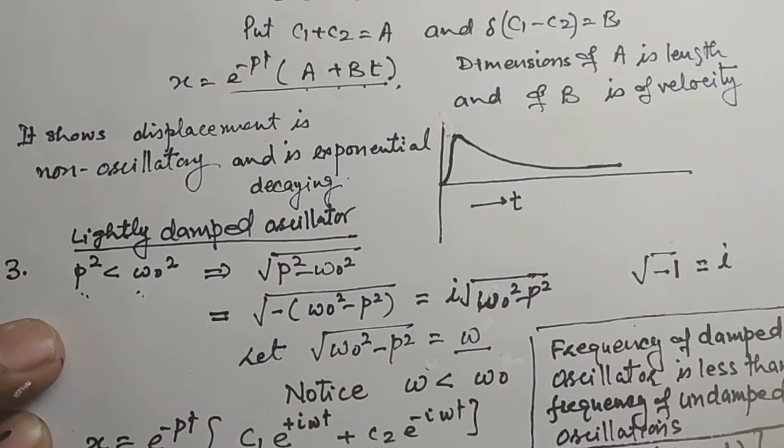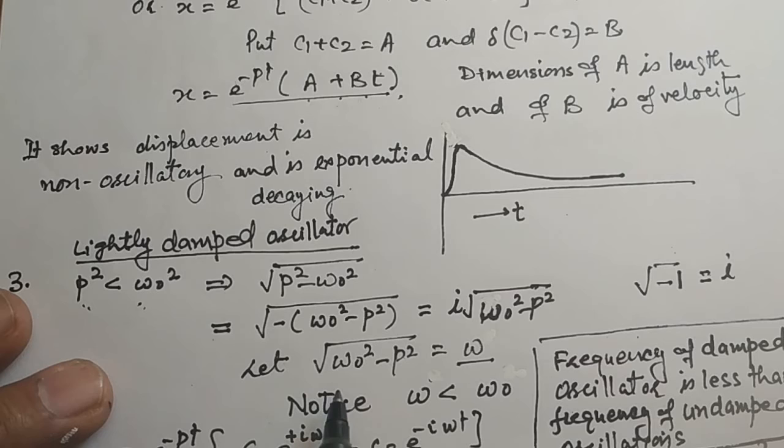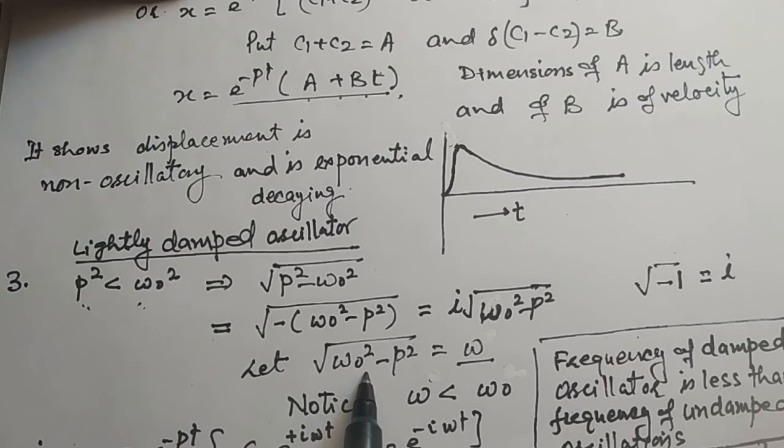And you can find here that omega naught is the frequency of the undamped oscillator, and when you subtract something from it, we get the frequency of the damped oscillator. So it shows that the frequency of the damped oscillator is less than the frequency of the undamped oscillator.